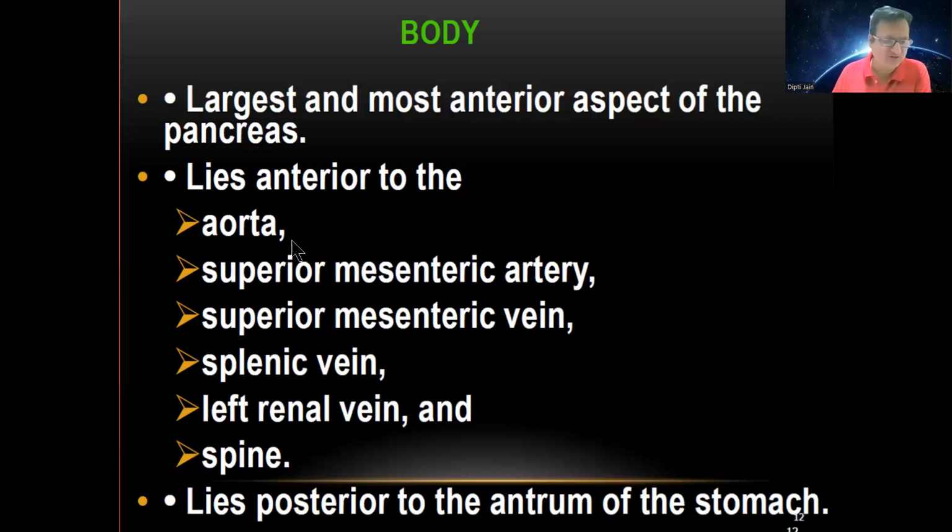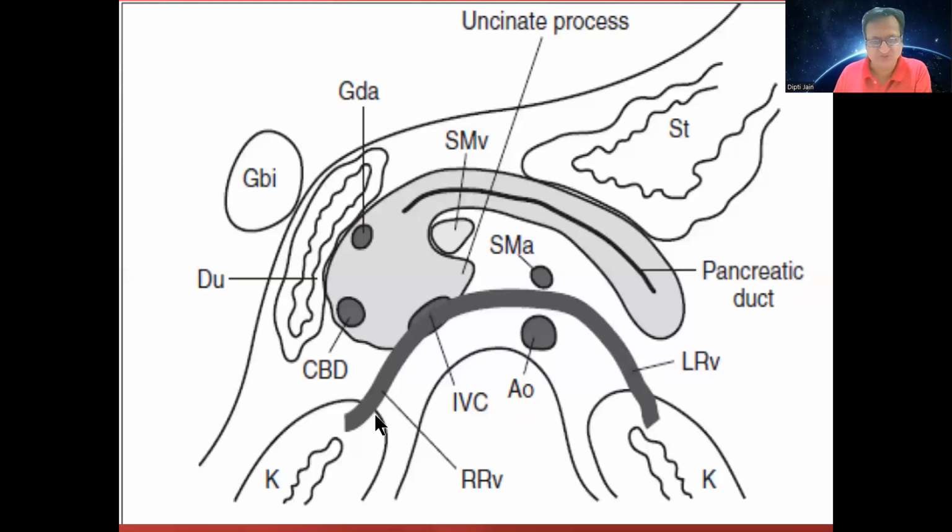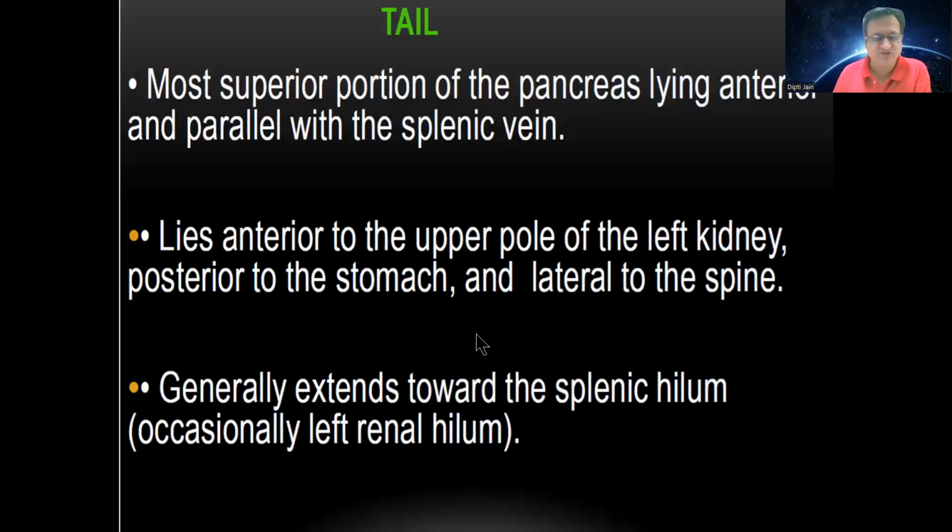So recapitulate: it is anterior to the aorta, superior mesenteric artery and superior mesenteric vein, splenic vein, left renal vein, and posteriorly the spine is also present. Spine will be located here. So this is the relationship of the body.